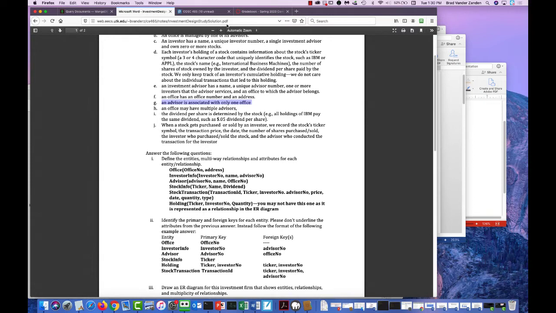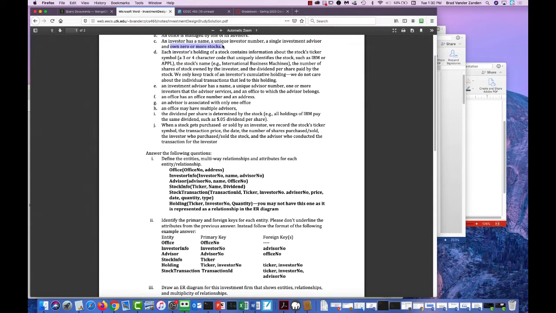We know that an investor may own 0 or more stocks. So here I've spelled it out. The multiplicity for an investor is that they can hold 0 or more stocks.